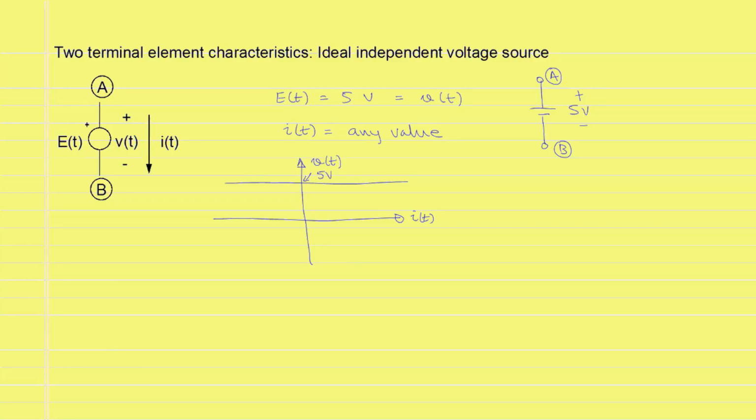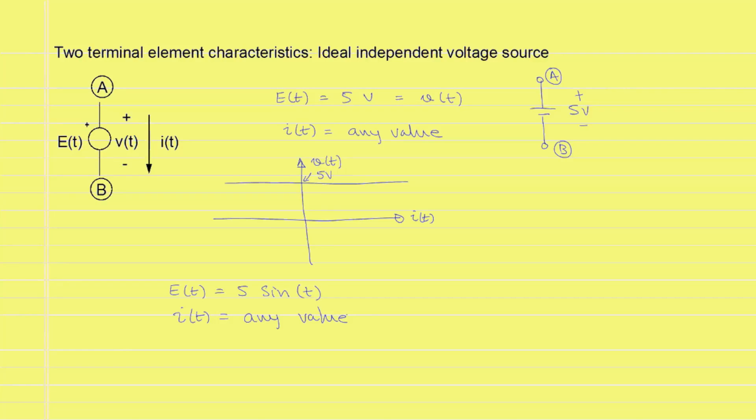Once again, note that the value of the source is a constant 5 volts and the current through that source can be anything depending on what else is connected to the source. If the value of the source changes with time, for example E of t is equal to 5 sine of t, then once again the value of the source is specified and the current through the element can be any value, again depending on what else is connected to the source.